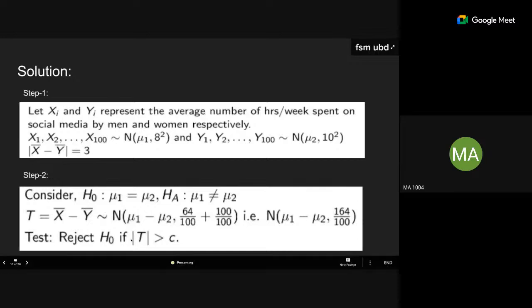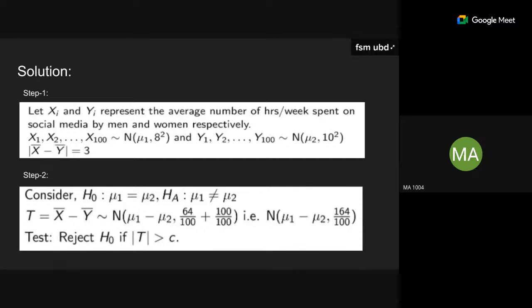And why we took mod is because if I have to take x bar minus y bar or y bar minus x bar, which difference do I have to look at? If my x bar minus y bar is greater than c, then mu1 will not be equal to mu2.